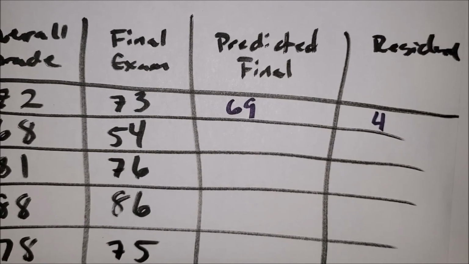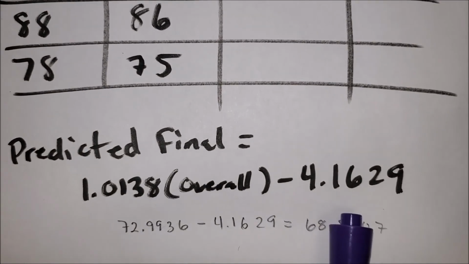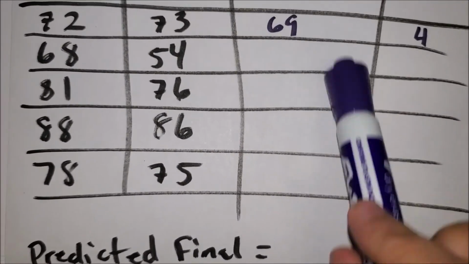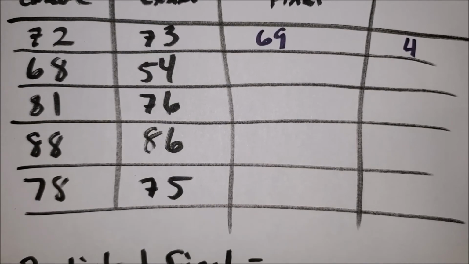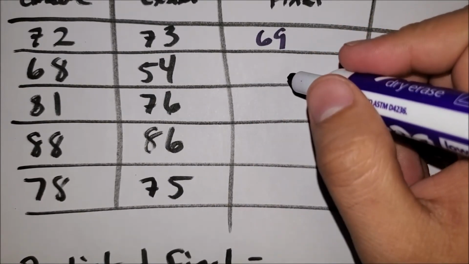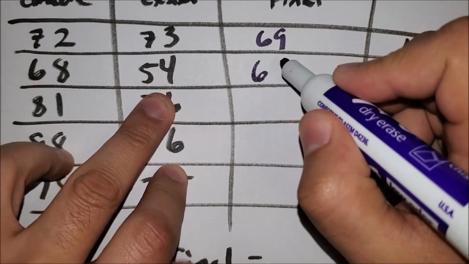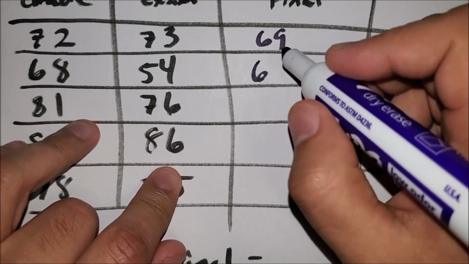Now, utilizing the same math, same formula here, and just inputting these different grades to get our predicted grades, our predicted grade for 68 will come out to be 64.8. And if we rounded it to the nearest whole number, it would be 65.